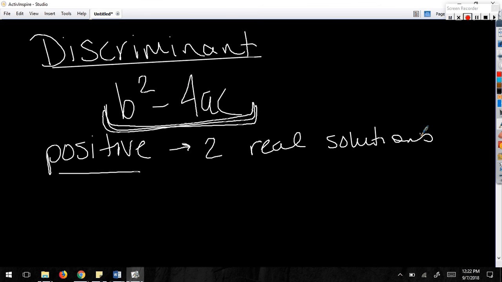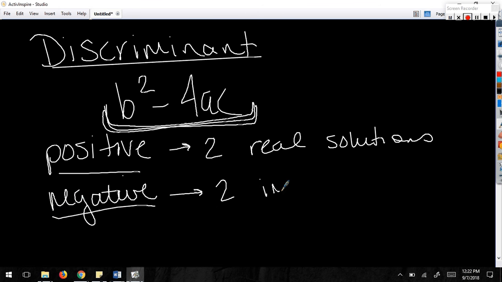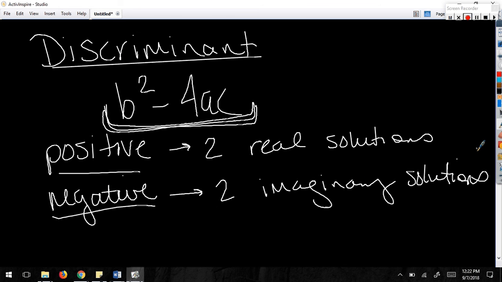What if you got a negative under the radical? What would that tell you? 2 imaginary solutions. It's the part of the quadratic formula under the radical. So this little formula here is the discriminant.